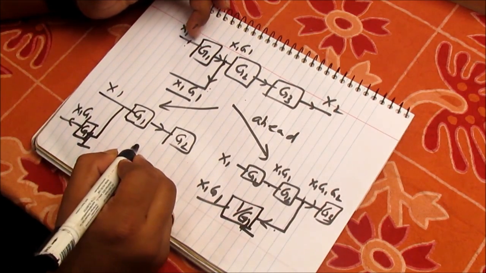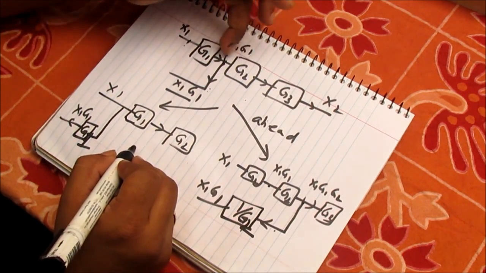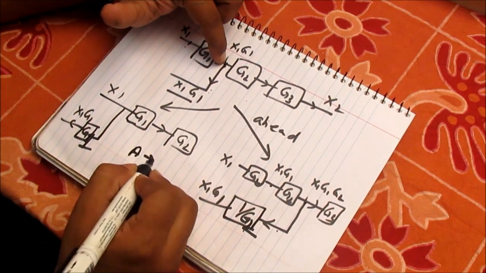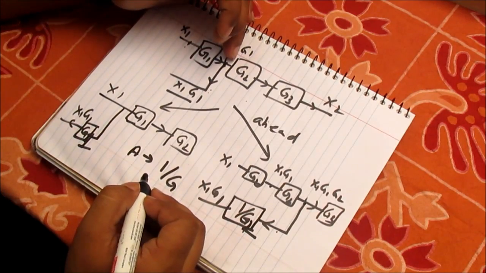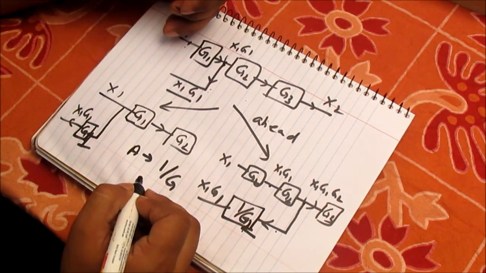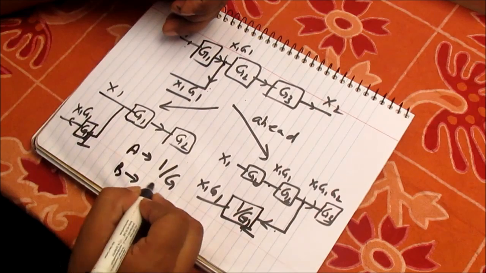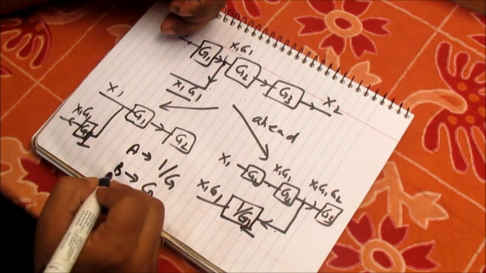So if we are placing the takeoff point ahead, then we have to divide, and if we are placing it behind the block, then we have to multiply. So a 1 by G behind G.